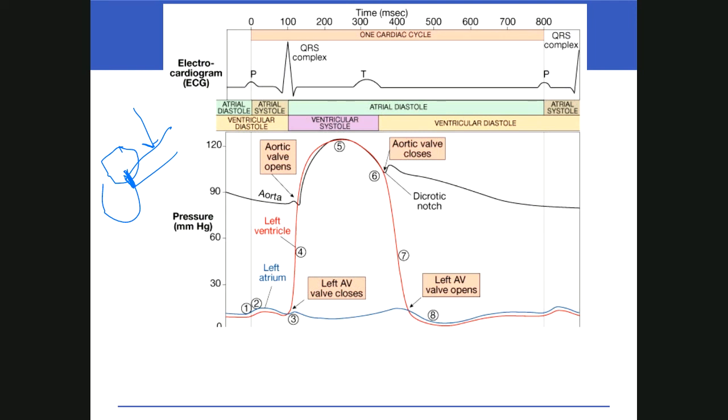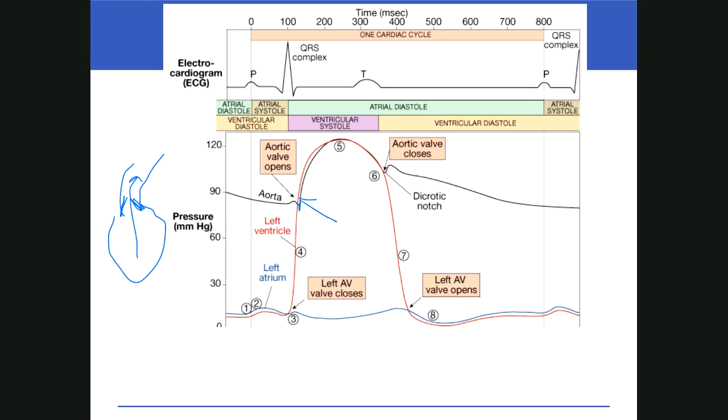But look what happens when we get right there. That means the ventricle is squeezing in. And above that, look who's higher now. Is it the red line or the black line? Is it the ventricle or the aorta? And so when the ventricle pressure gets higher, the valve is going to open and blood's going to go this way.